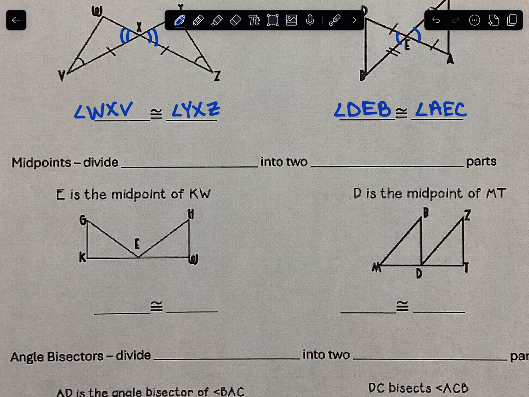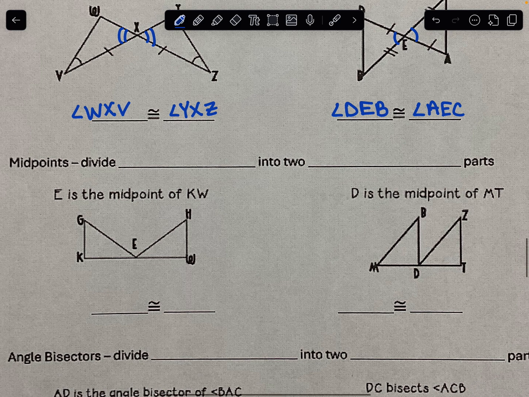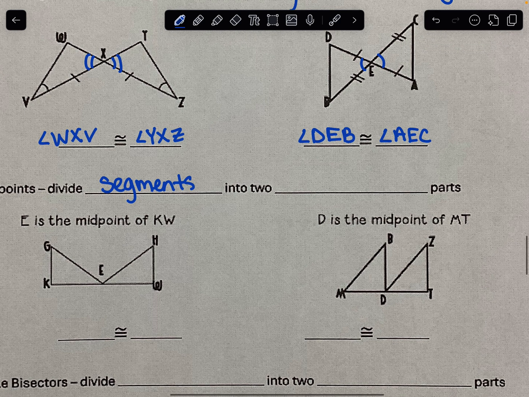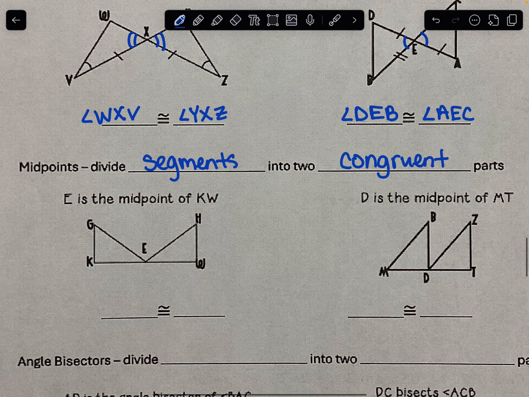All right, then we're going to talk about midpoints. Midpoints divide segments into 2 equal parts. Equal, or what word do we use? Congruent parts. Right? Now, you can never assume that something is a midpoint.